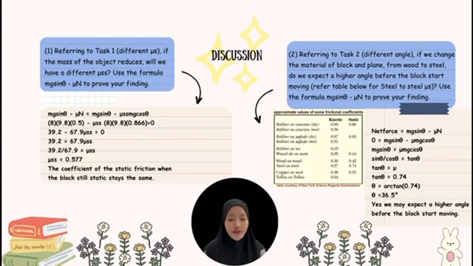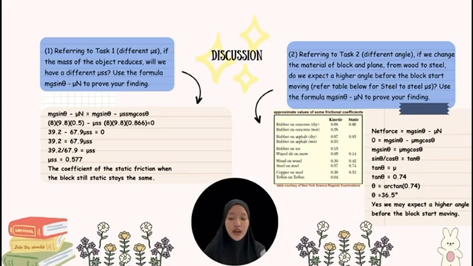Referring to task 2, different angle, if we change the material of the block and plane from wood to steel, do we expect a higher angle before the block starts moving? Now, let's refer to the table given. In the table, we can see that wood on wood is 0.42, but if we change it to steel on steel, it will be 0.74.